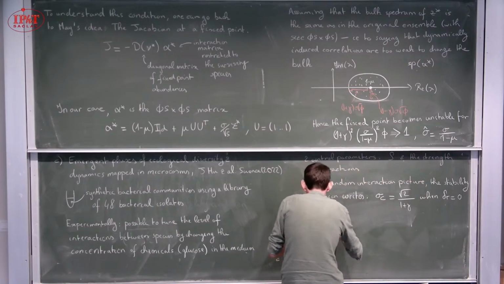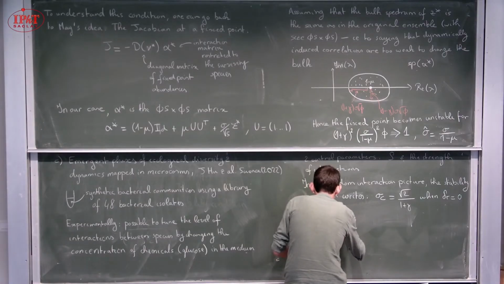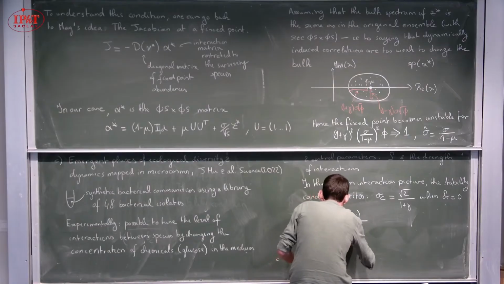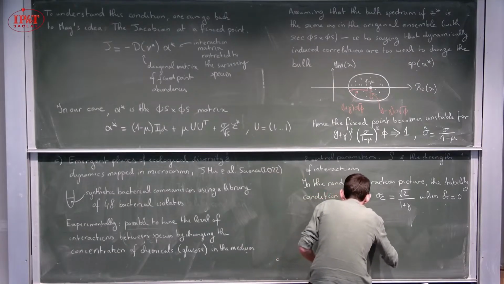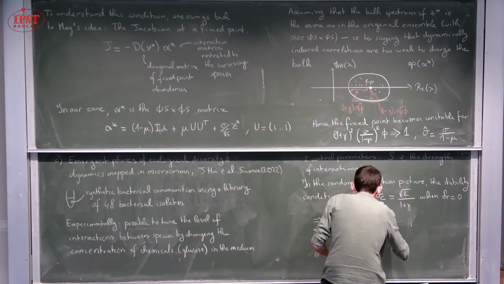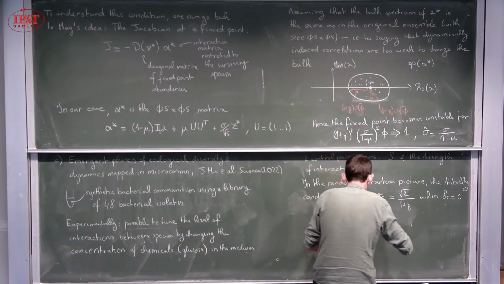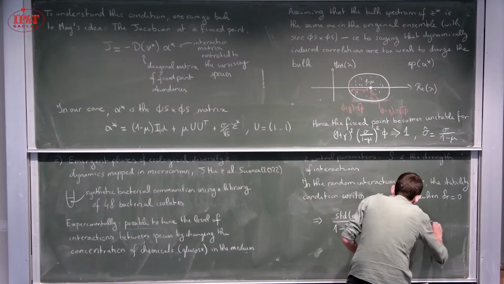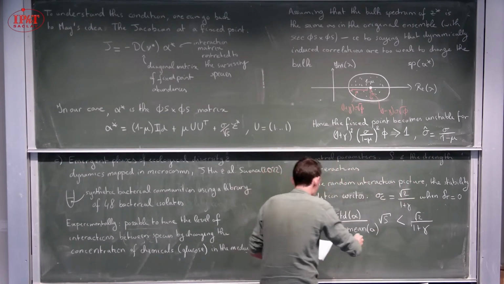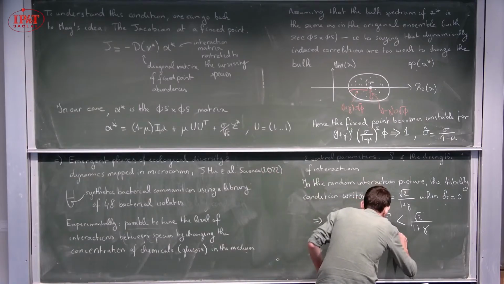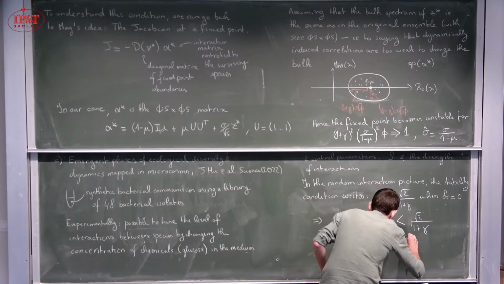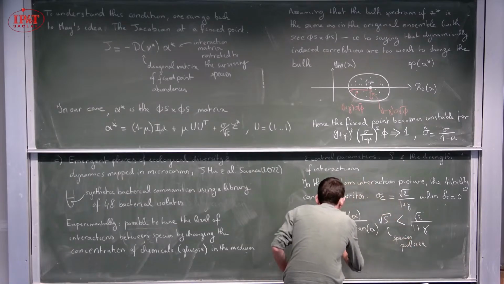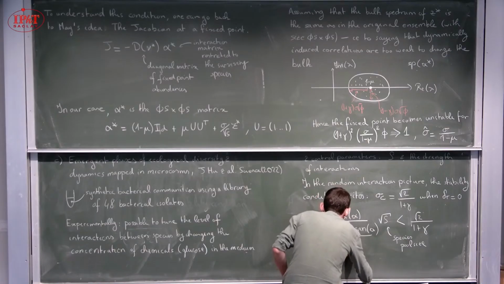So the stability condition becomes that the standard deviation of alpha, the interactions, divided by 1 minus the mean of alpha, times the square root of the number of species that you put in the community, is less than square root 2 over 1 plus gamma, so a number of order 1. So here you have the species pool size, and here you have the strength of the interactions.